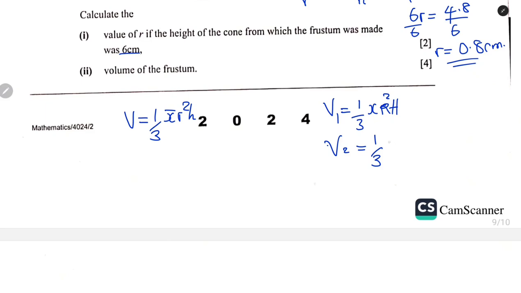We need to find the big one, then subtract that of the small one. So here we are going to use small r and small h.